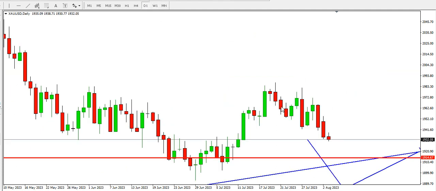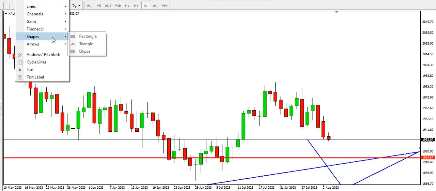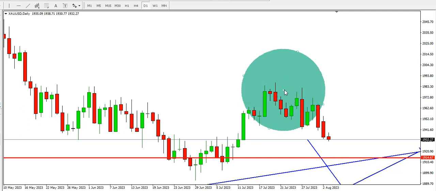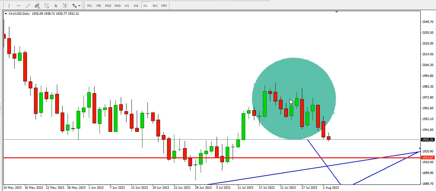On the daily time frame, we can see a swing high happening around here. Price is already dropping, and we expect price to drop because of this swing.